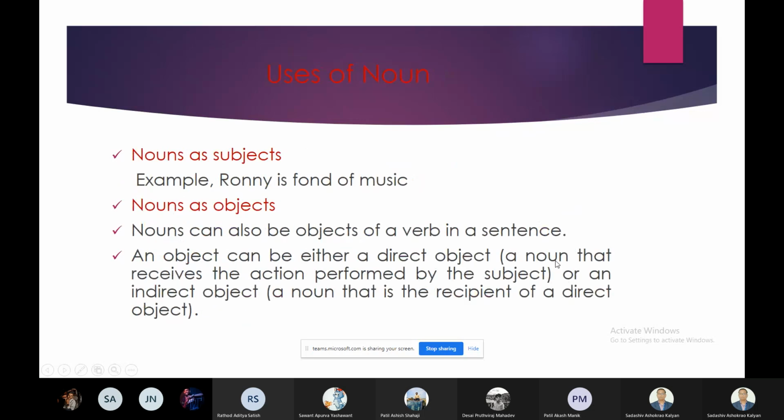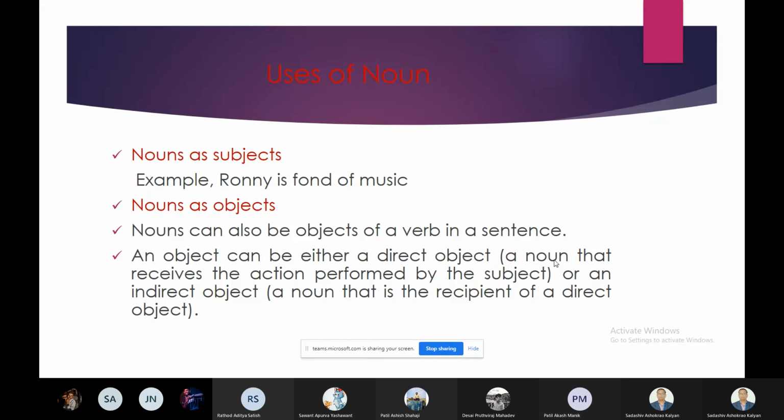Then here are various kinds of uses of the nouns which are given to us. So as I have discussed earlier in our first PPT, a noun can be used as a subject in our given sentences whenever we frame various kinds of sentences.